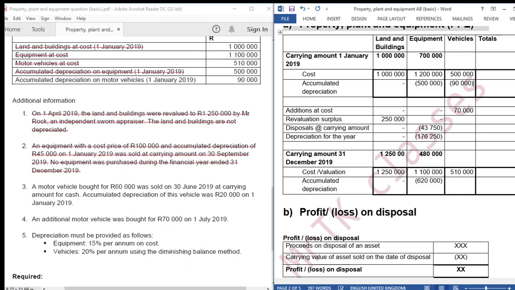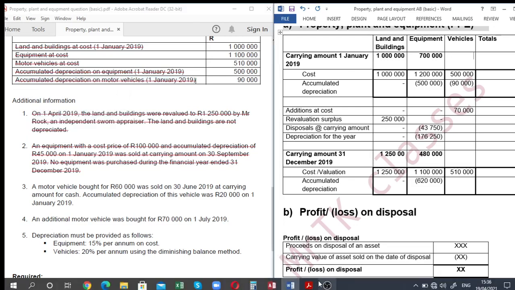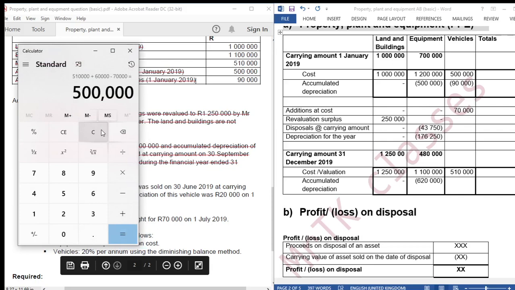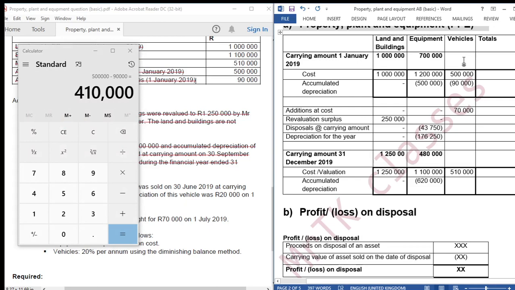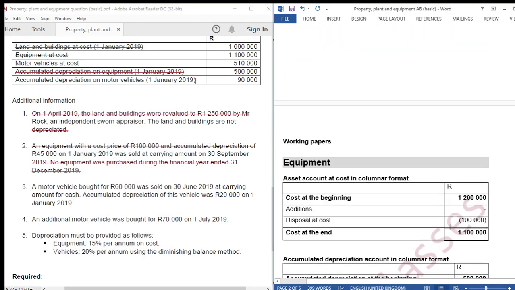That's 90,000. We are going to come here and do this: 500,000 subtract 90,000. That's 410,000.